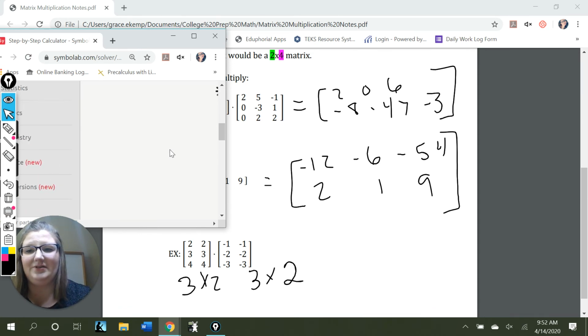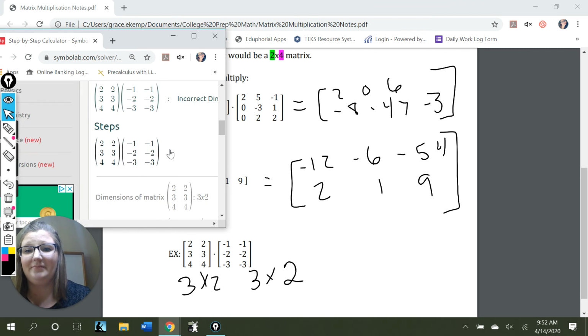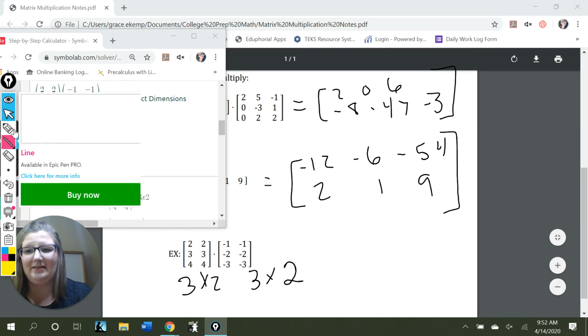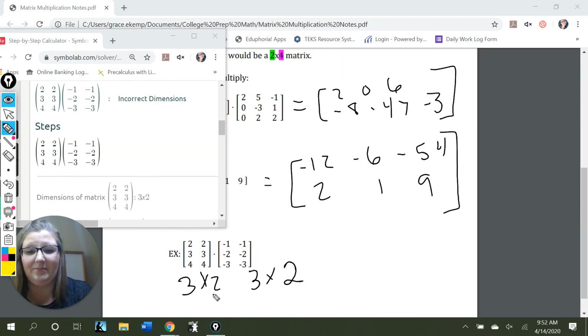And when it loads and gives us our solution, it's going to give us this error message that they're incorrect dimensions. So if you remember our rules for matrices, we said the number of columns in the first matrix had to be equal to the number of rows in the second matrix. So our rule is that this number and this number have to be the same.